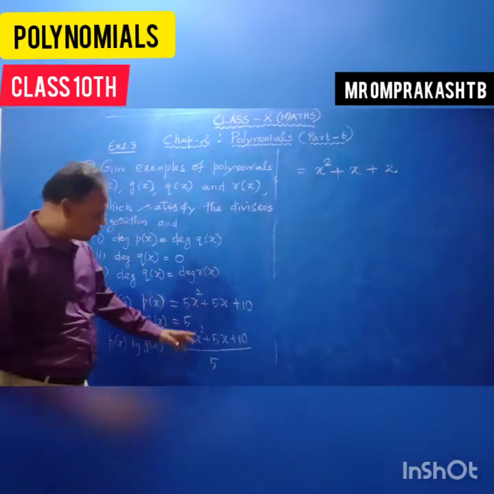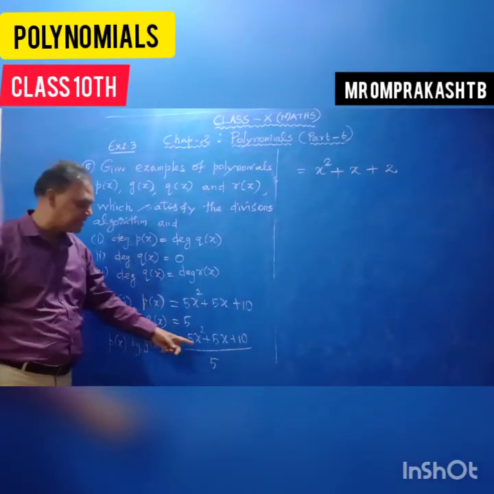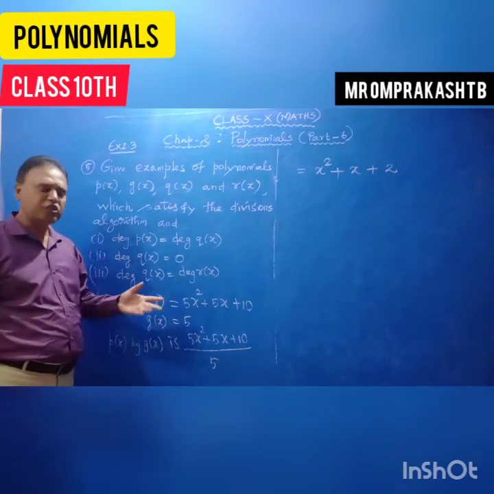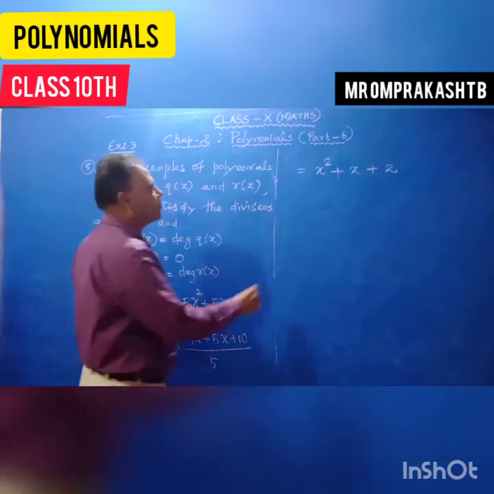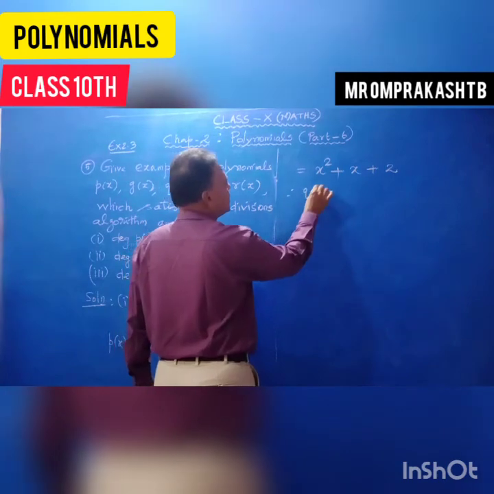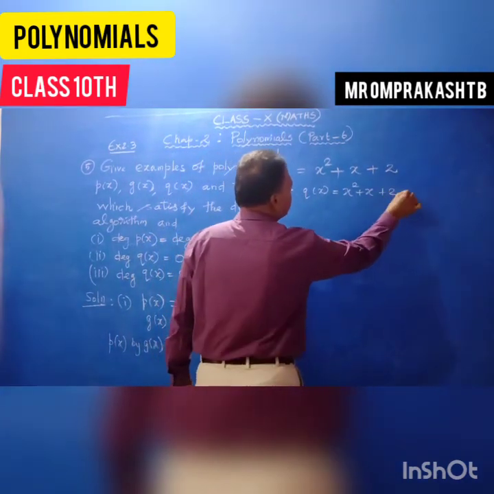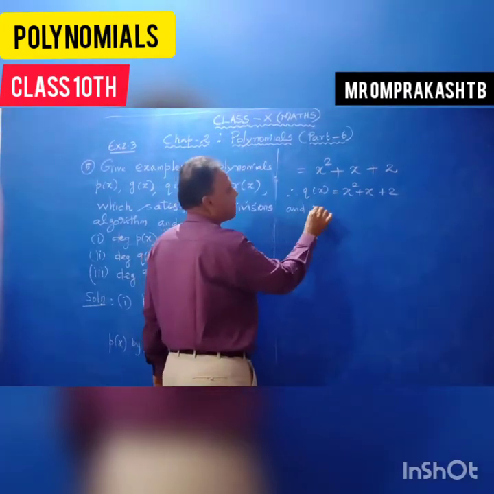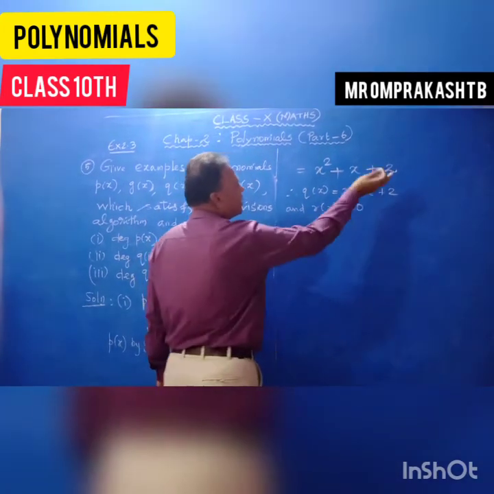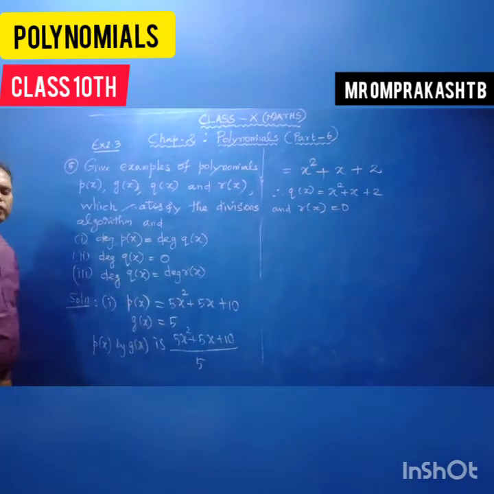Understand? That is the quotient you got. What is the remainder here? Exactly divisible, that's why r of x is 0. Therefore q of x is x squared plus x plus 2, and r of x is 0 because there is no remainder.